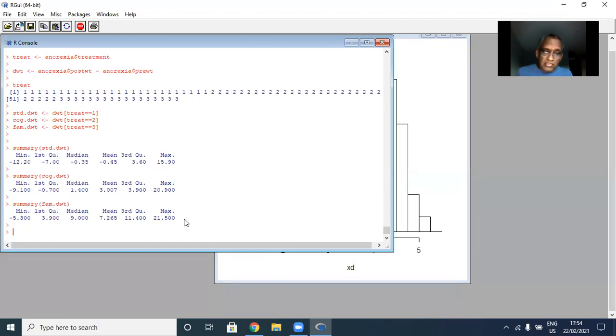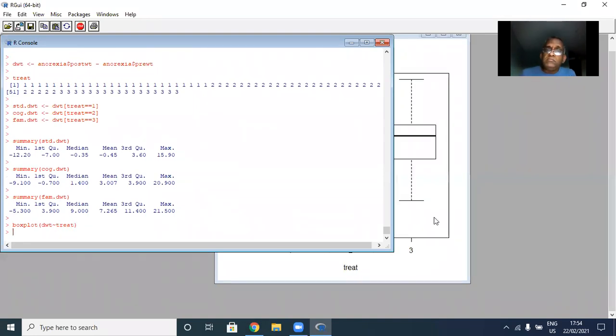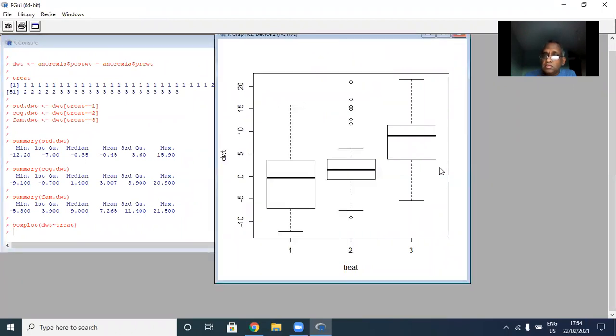In fact, you can see this if you do a box plot. If you do a box plot of DWT, that is, DWT versus treatment, that can be easily seen. You see very clearly that treatment 3 has made the largest differences in the weight, which is this one, right?